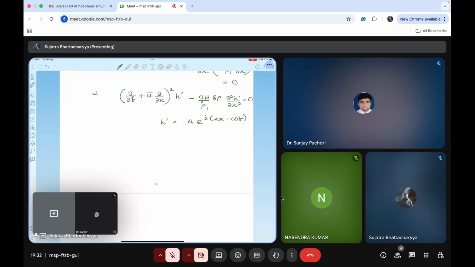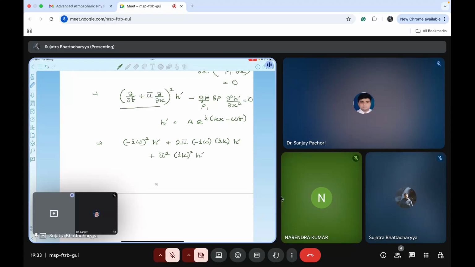So this will be ∂/∂t whole square, that is minus iota ω square h'. Okay. Plus 2 ū, ∂/∂x and ∂/∂t. So it will be minus iota ω and iota k h' plus ū square ∂²/∂x², so it will be iota k whole square h'.